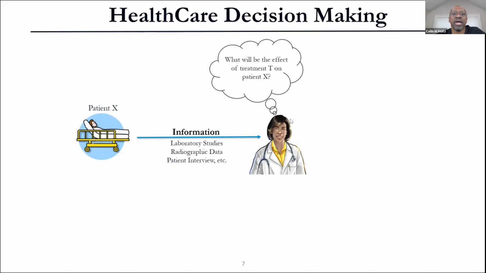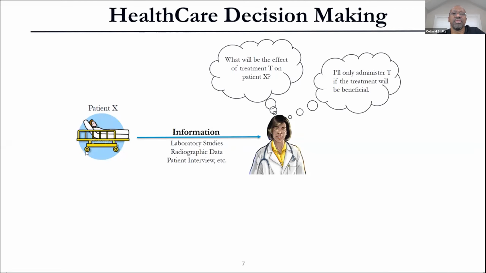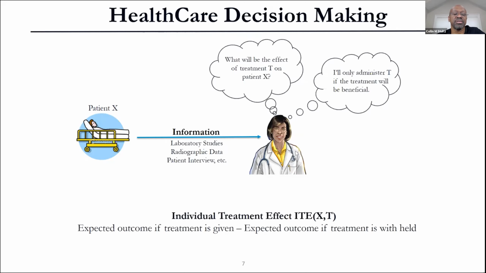And the healthcare provider, when considering a particular therapy, asks: what is the effect of that therapy on patient X? Is that going to be beneficial or not? In other words, if the provider administers the treatment, will the patient feel better? Will they live longer? So the physician is doing a complicated task.